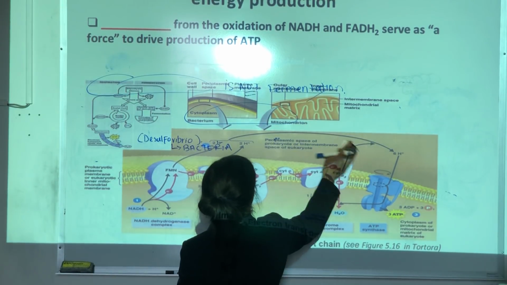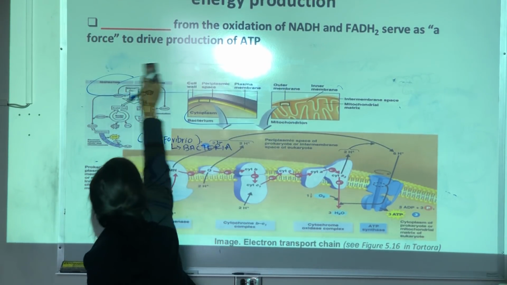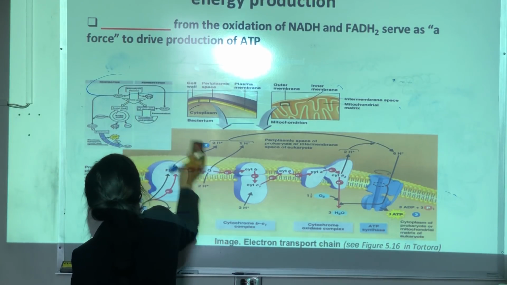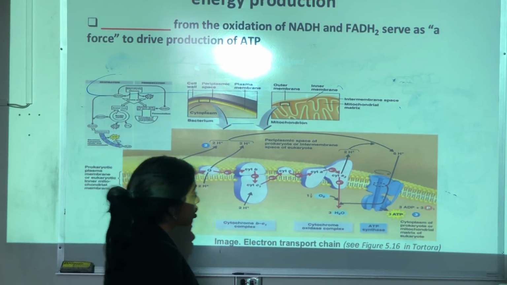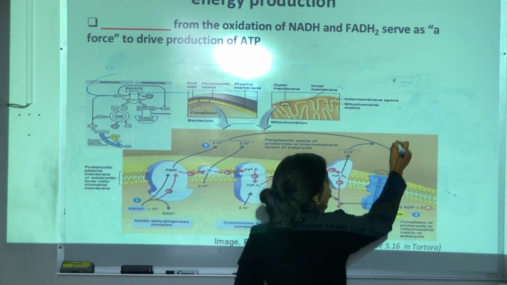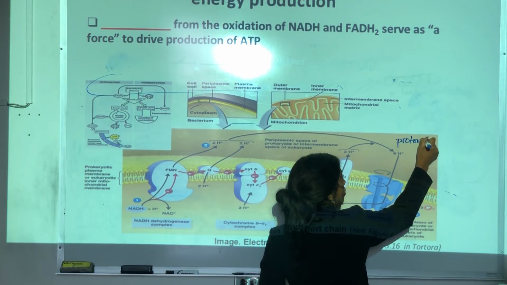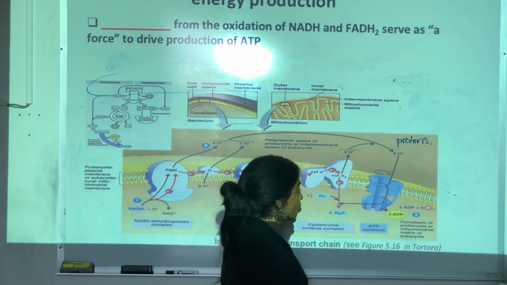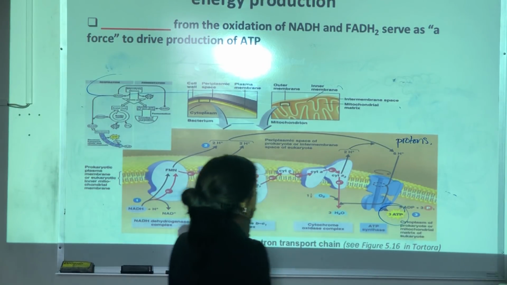Chemiosmosis is when the cell makes energy, right? So how is the cell going to make this energy? As I mentioned, the concentration of protons on the outside eventually will be used to make ATP on the inside.